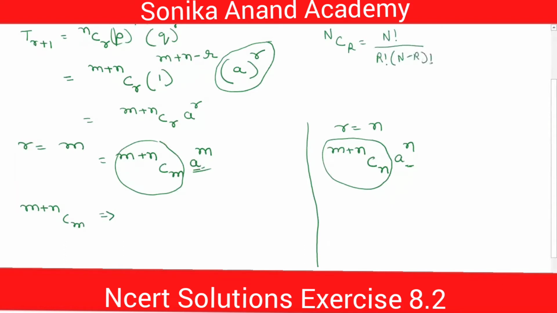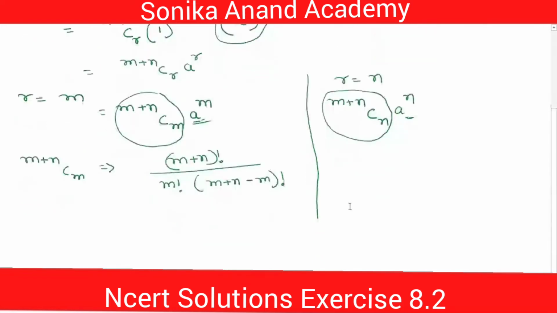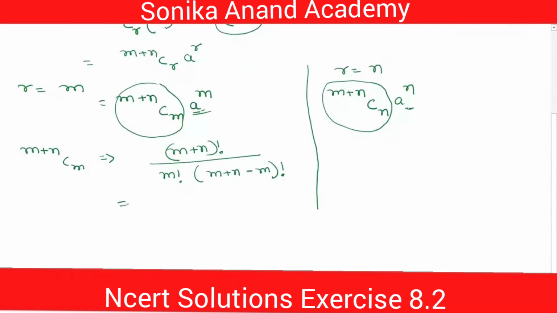So here I substitute factorial m plus n over factorial m, factorial m plus n minus m.